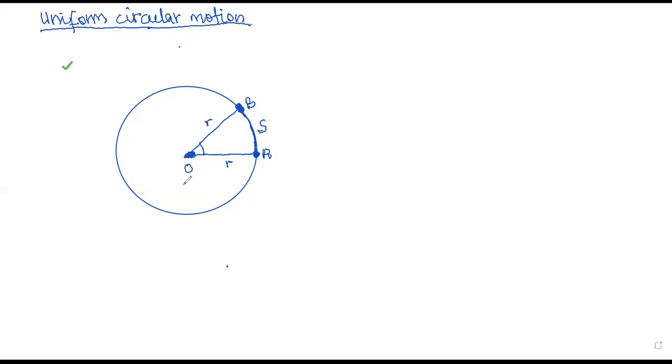So as the body moves from A to B, it appears it is the radius that is being moved from A. The radius seems to be sweeping this angle as if it's a metal rod connected between O and A. We can also picture this to be the blade of a fan at the center.